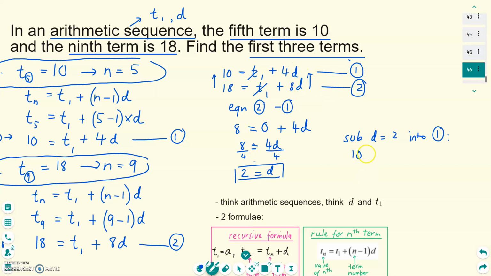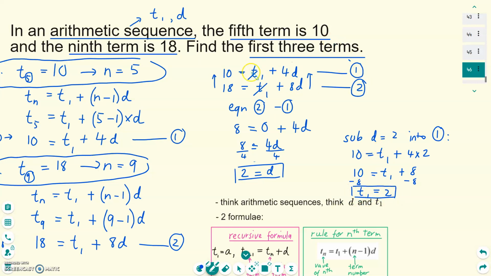Okay, so 10 equals T1 plus 4 times 2. Just subbing in this one. 10, let's simplify. And then if we want to just minus 8 from both sides to get rid of it, we'll be left with T1, which is nice. T1 equals 2. I've just switched the sides there. 10 take 8 is 2. All right, looking great. Put a box around it if it's going to be helpful.